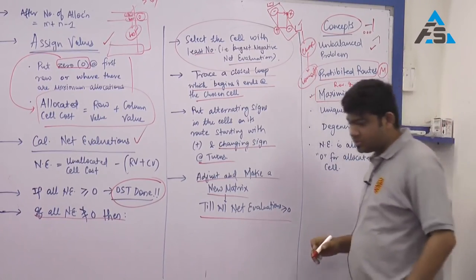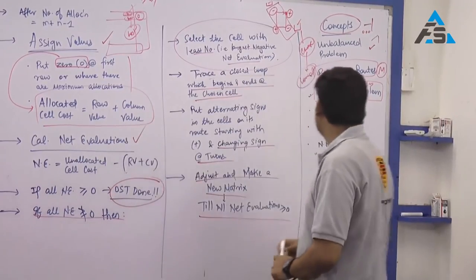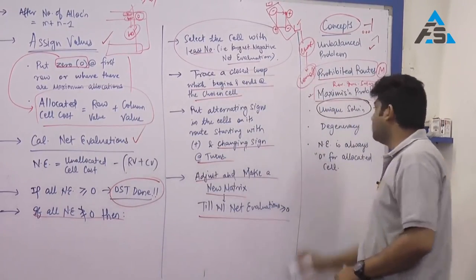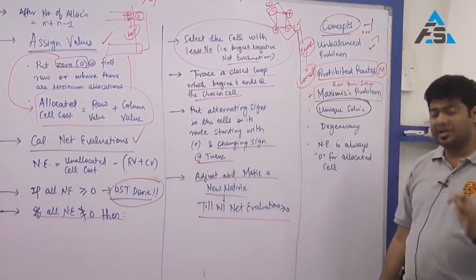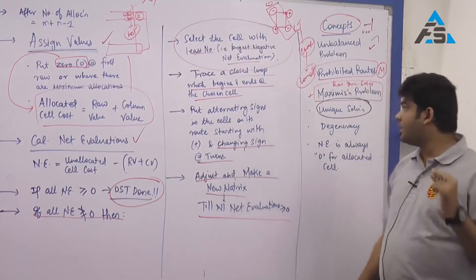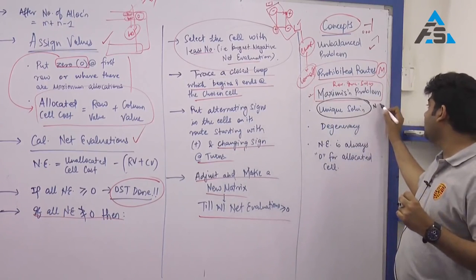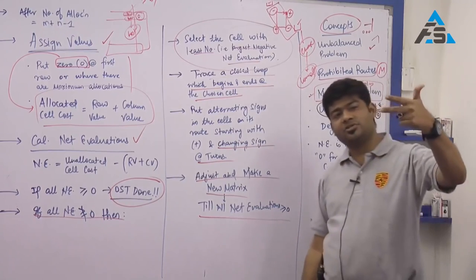Unique solution, this is the most important point in this whole transportation topic. Questions are asked on this concept of unique solution. Unique solution is also called alternate solution, also called multiple solution. Now, net evaluation will either be positive, negative or 0.